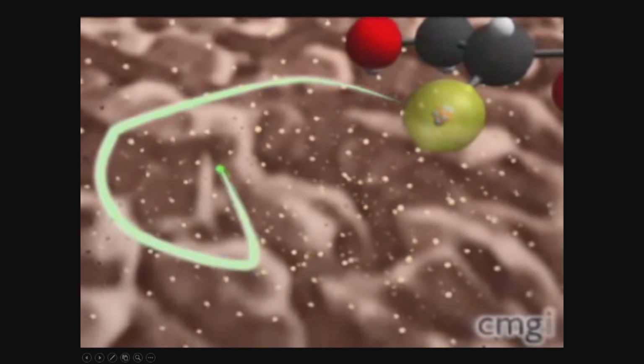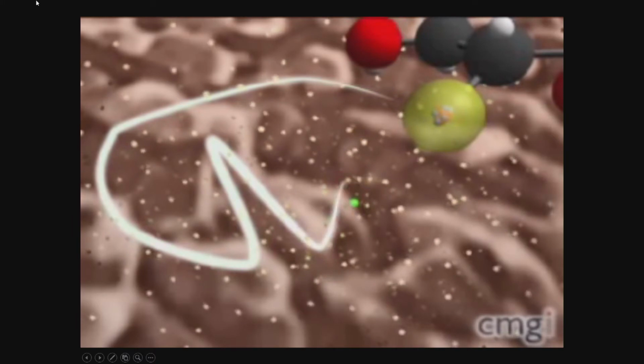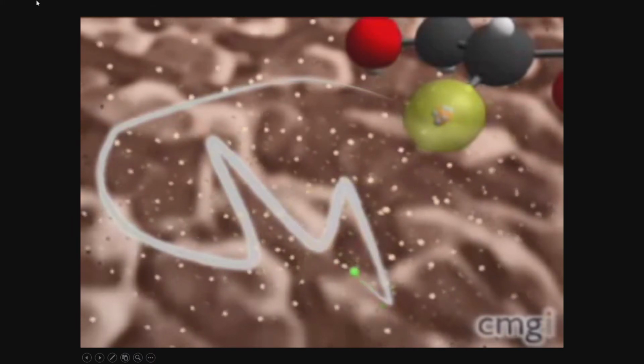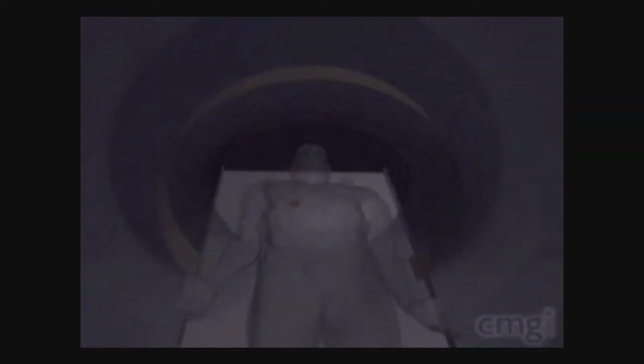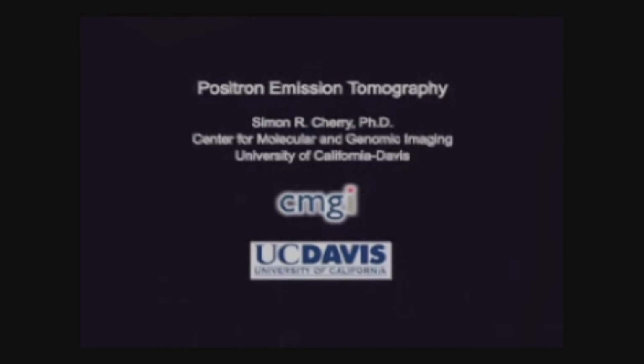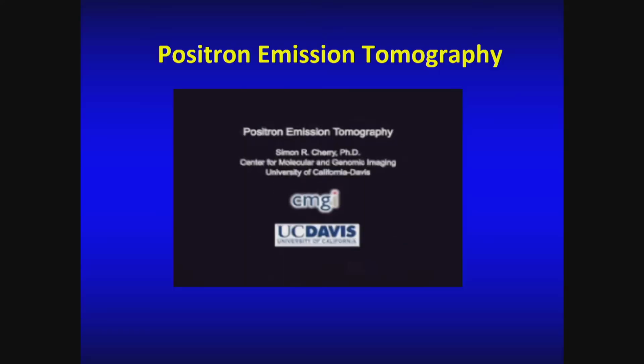A particle is emitted from the nucleus of the atom, and after a certain period, that particle is a positron, and at a certain time the positron will annihilate, will meet with an electron, so that's matter and antimatter, a positron and an electron meeting, which gives off pure energy in the form of two gamma rays which go out at 180-degree angles, and then can be detected by the PET camera and reconstructed into slices throughout the body or throughout the brain in this case.